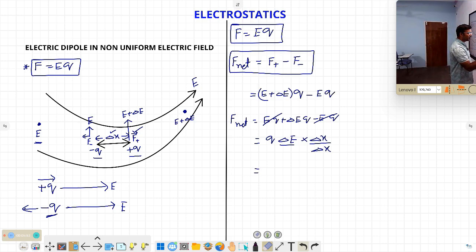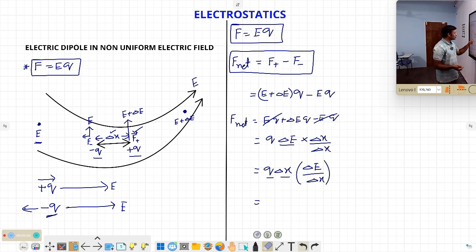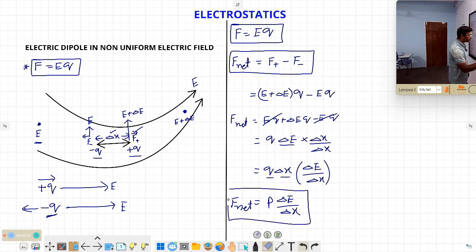So I can write Q into delta x into delta E by delta x. Now what is Q? Charge. What is delta x? Length of the dipole. Charge into length of the dipole we can write as dipole moment P, into delta E by delta x. So this is one expression for force acting on the dipole in an electric field.